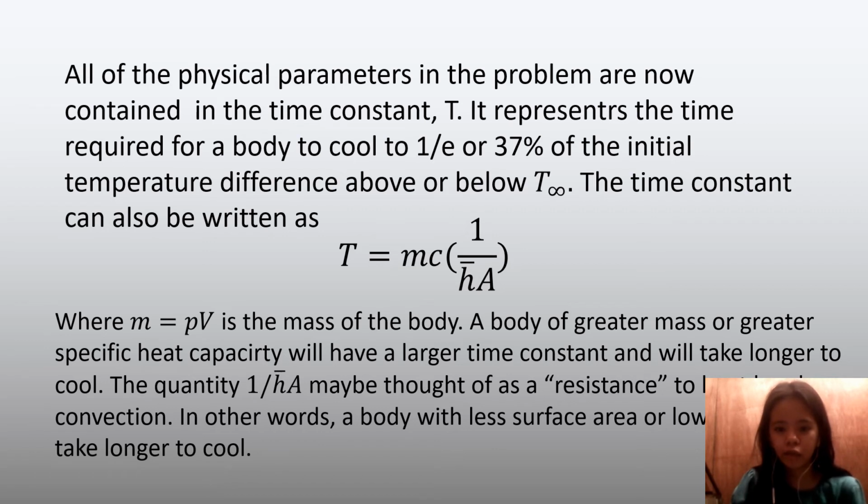A body of greater mass or greater specific heat capacity will have a larger time constant and will take longer to cool. The quantity 1 over h A may be thought of as a resistance; in other words, a body with less surface takes longer to cool.